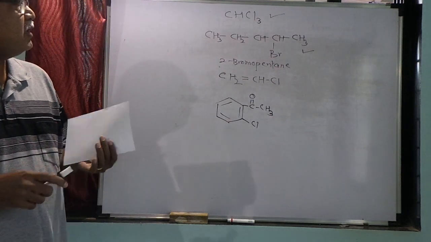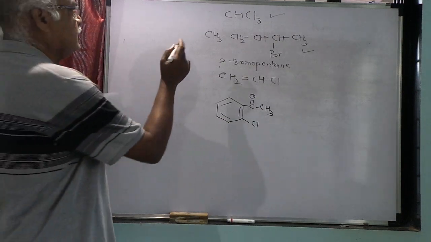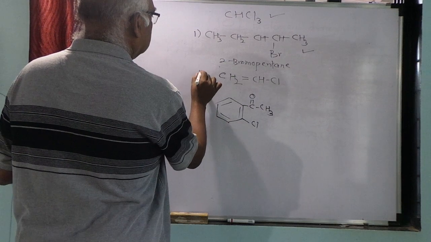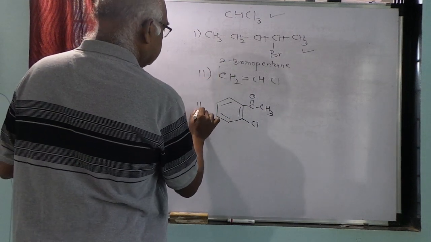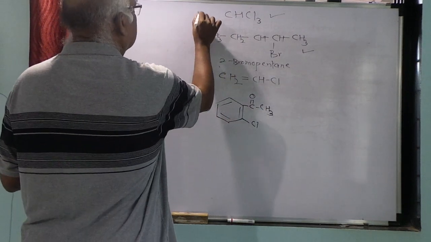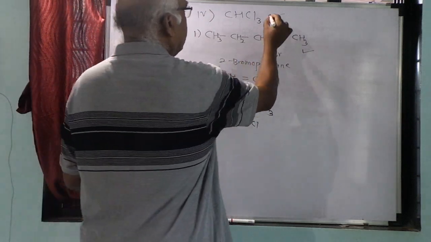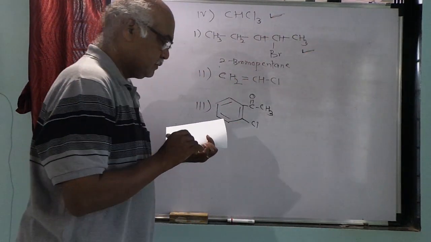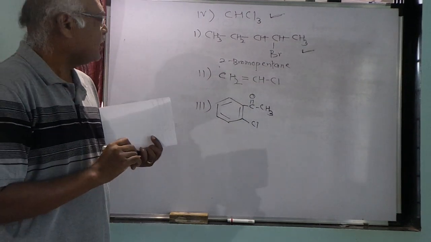So our options will be number 1, number 2, number 3 and number 4. Our options are 1 and 4. Okay, options are 1 and 4.